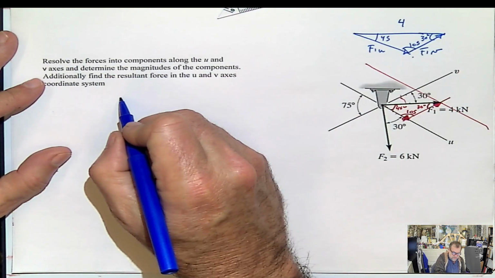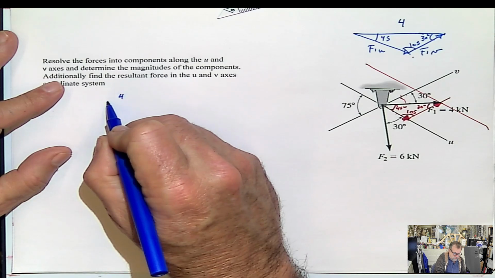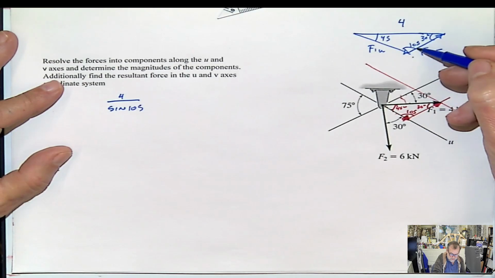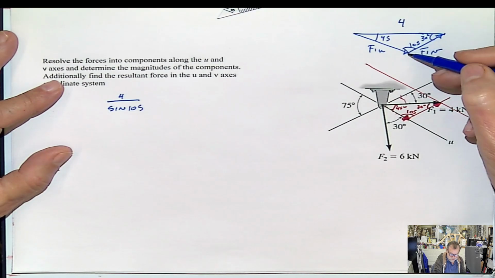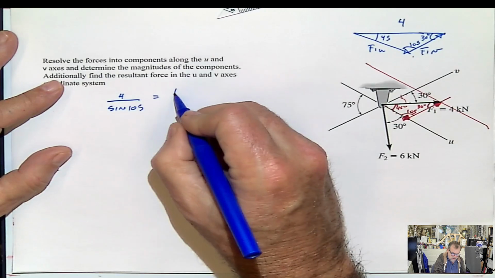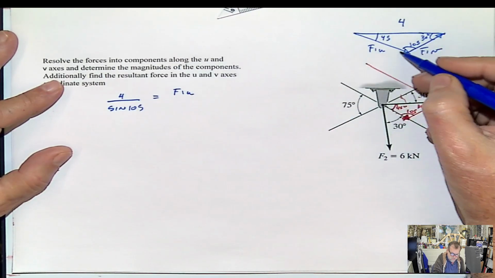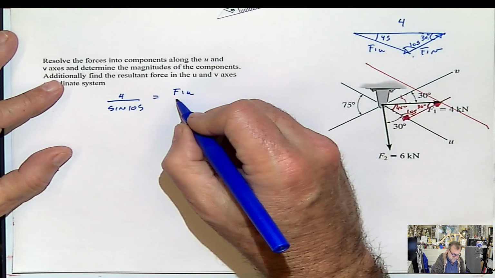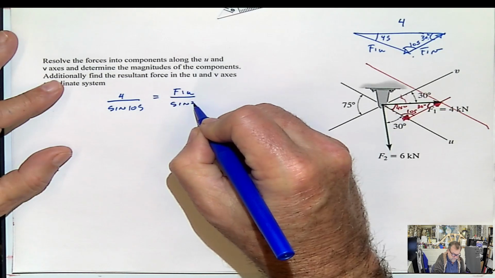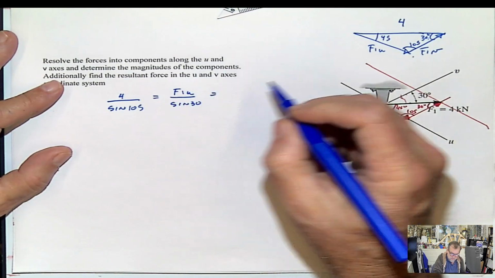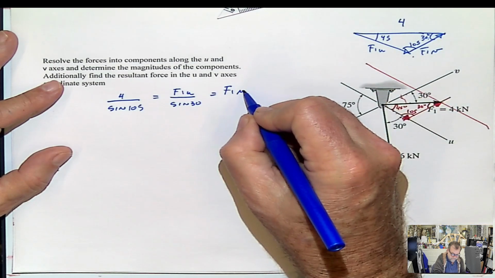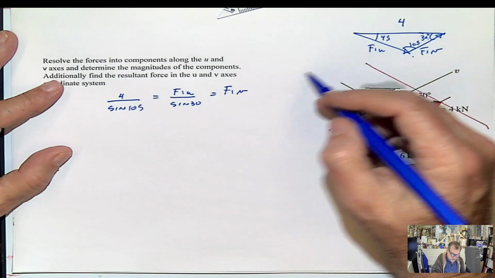So let's do that. 4 divided by sine of 105, opposite with opposite, has to be equal to F1U divided by sine of 30, and at the same time it has to be equal to F1V divided by sine of 45.